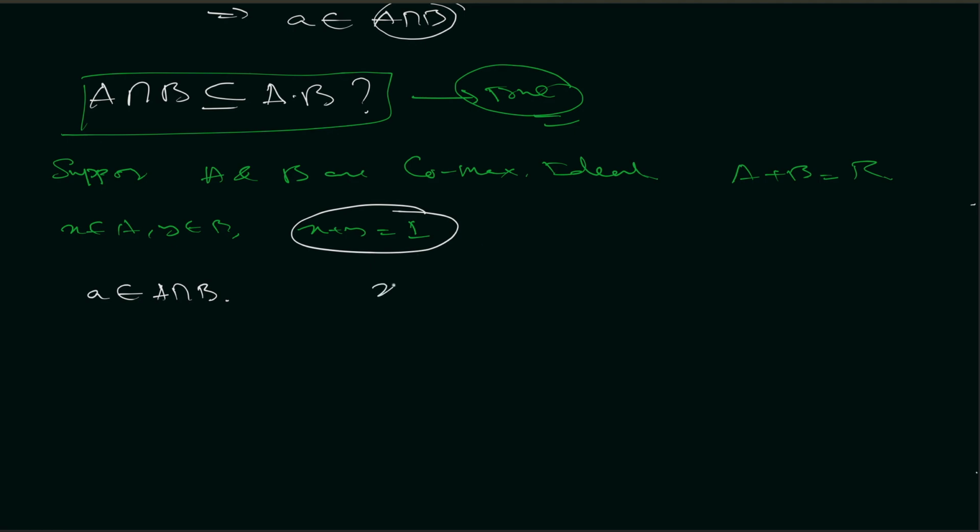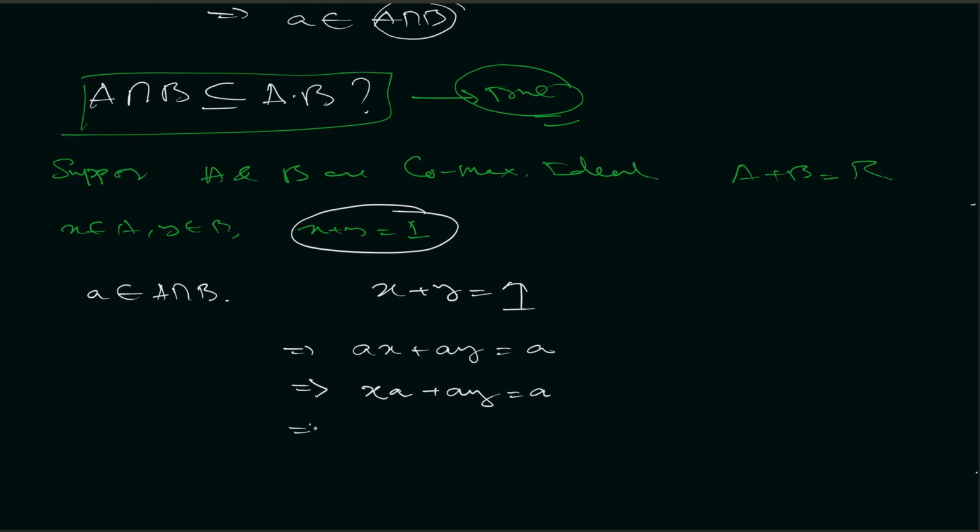You have this piece of information that x plus y equals 1. So I can multiply by a: ax plus ay equals a. Since the ring is commutative, I can choose xa plus ay equal to a.